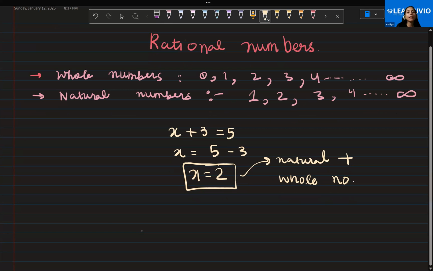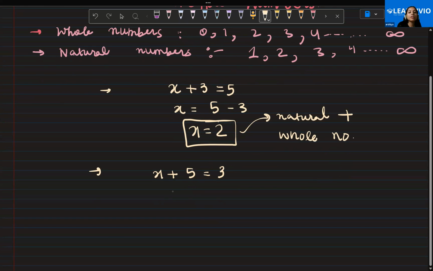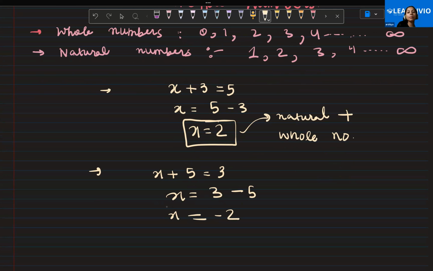Now let's say I have one more equation: x plus 5 is equal to 3. If I want to find the value of x, I'll do 3 minus 5, so I'll get negative 2. This is not a whole number and not a natural number, so I'll call it an integer.